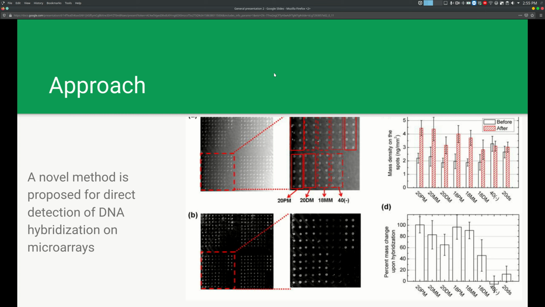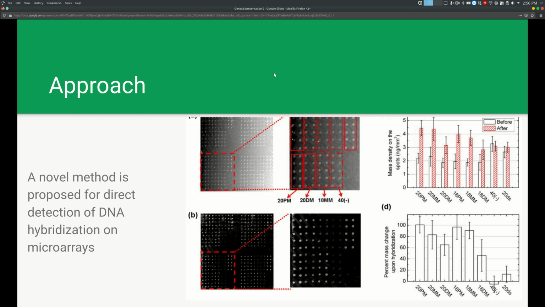In this diagram, they try to express a novel method, meaning it's new, for DNA hybridization on the microarray. You can see the upper image compared to the lower one: the lower one has the use of hybridization, and the spots are darker.